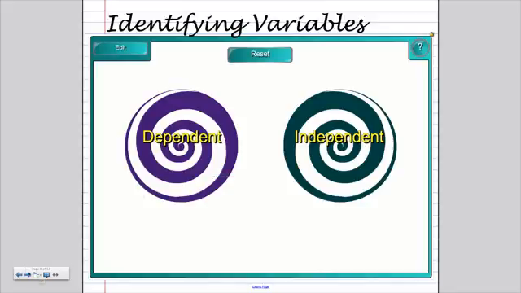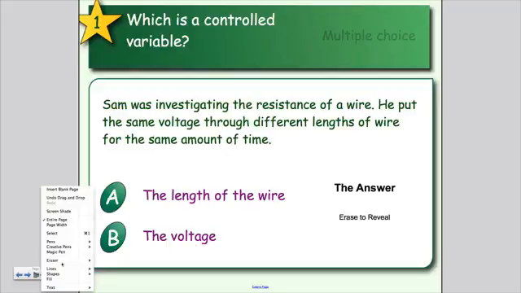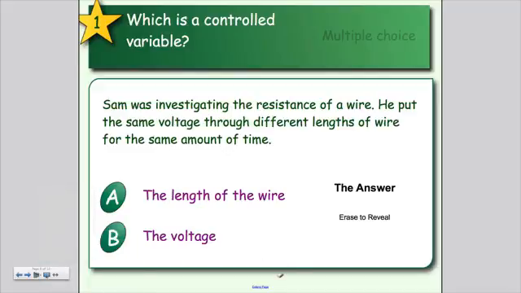Let's keep going with some more activities to practice identifying variables. These are some questions. Read the question, select whether it's A or B, and then we're going to erase to reveal the answer. Pause the video until everyone has answered. Okay. Did you think the controlled variable was the length of the wire or the voltage?